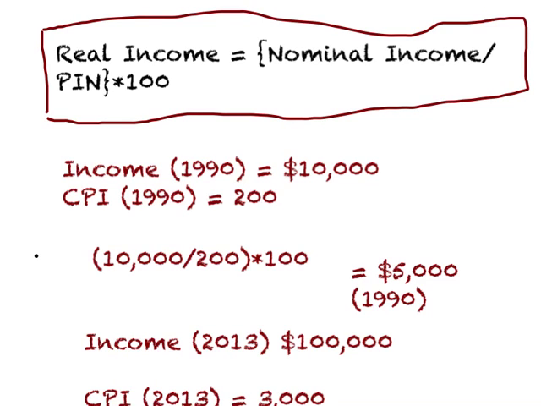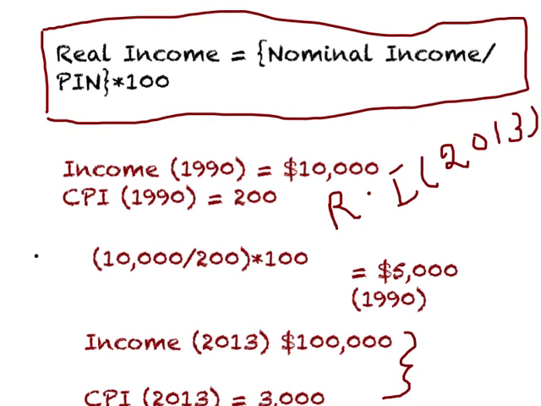Now you can do this calculation on your own, and what you'll find is the following: that my real income in 2013, that is what I can buy given my nominal income and prices, is less than my real income in 1990 when I was receiving a nominal income of $10,000.